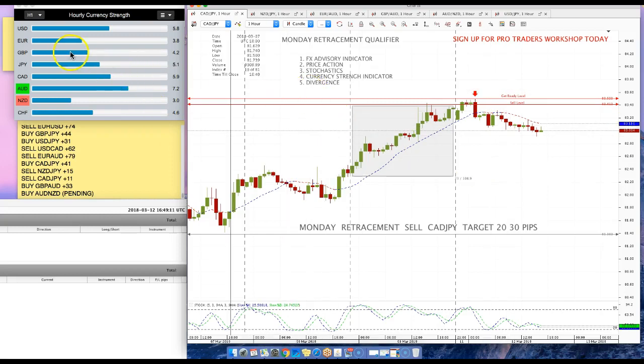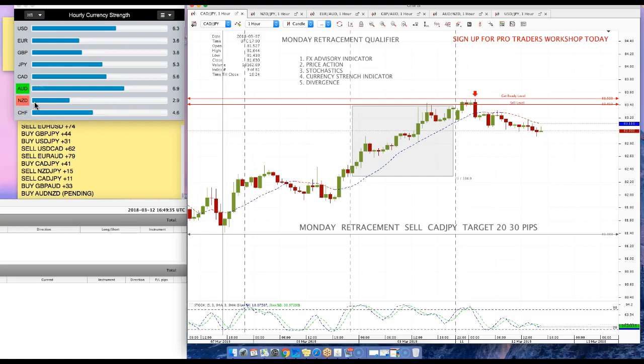Currency strength indicator, which is on the upper left-hand corner, looking for strong and weak currencies and pairing them up. When this trade was taken during the Asian session yesterday, the Canadian dollar was very weak. It had hardly any bars, and it was red, just like you see the New Zealand dollar here.